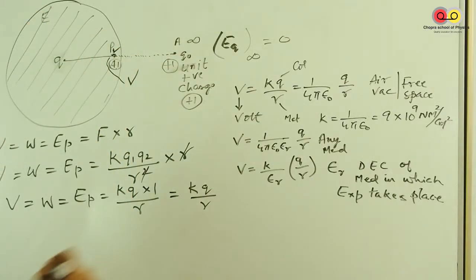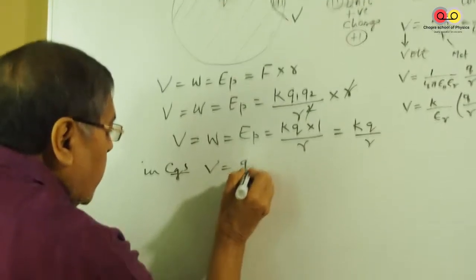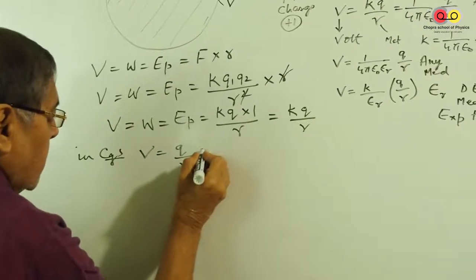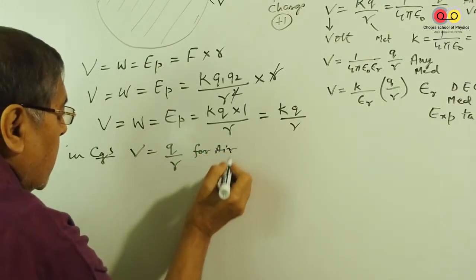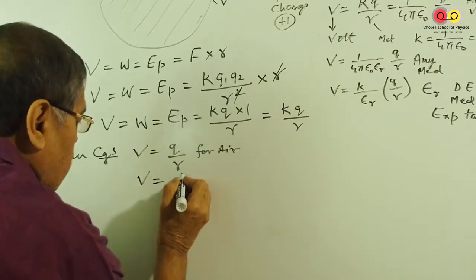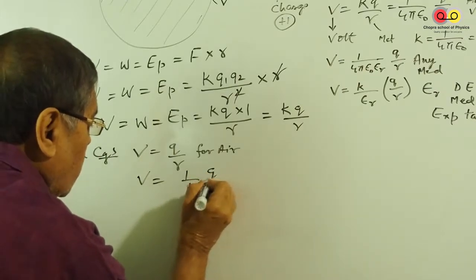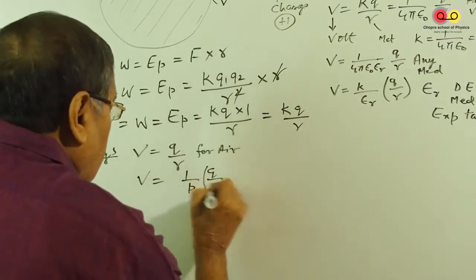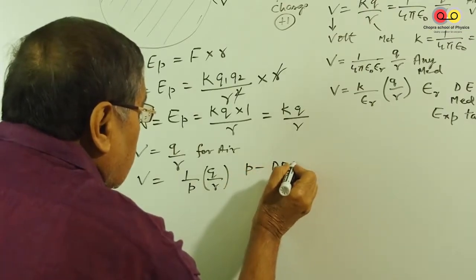Now in the CGS system, V is equal to Q over R for air medium, or V is equal to 1 over P, Q over R. P is the dielectric constant.